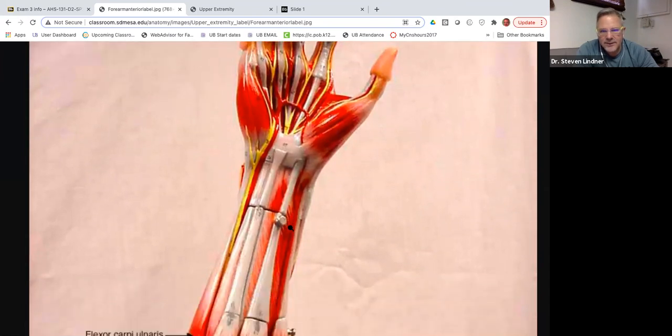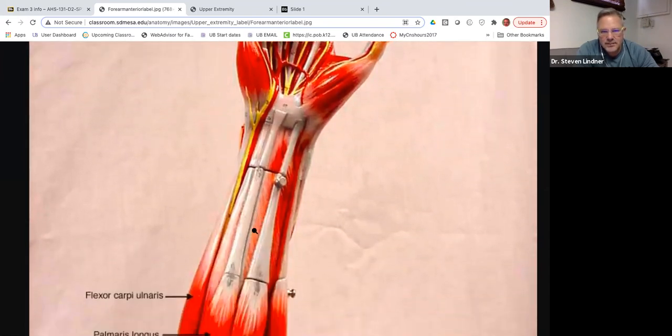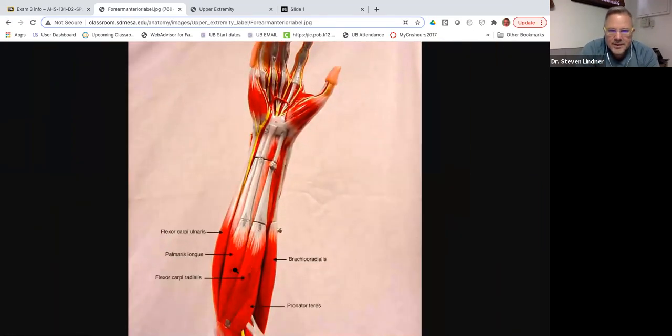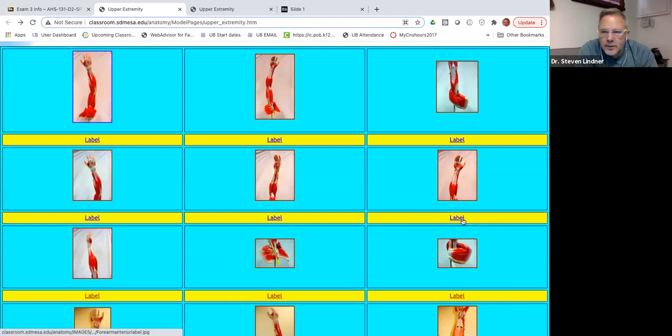And it's called the Flexor Digitorum Superficialis. I'll show you it on another view with these superficial muscles dissected away. So we did this, we did this.